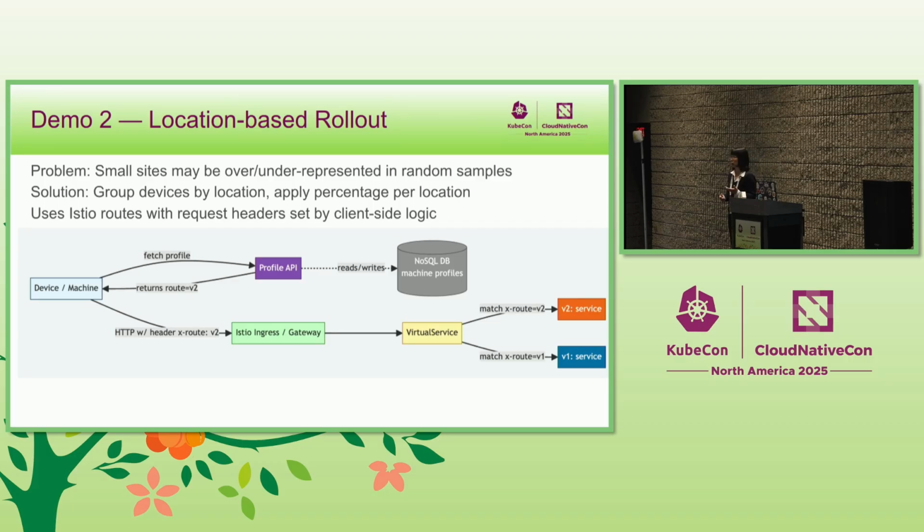For example, there's a profile API for it. Then for this profile API, I can use an automated script to automatically set it to version 1 or version 2. Normally, these profiles sit in a NoSQL DB or any type of database.